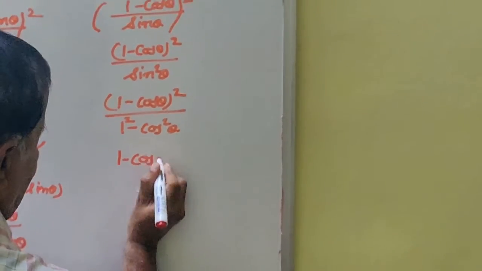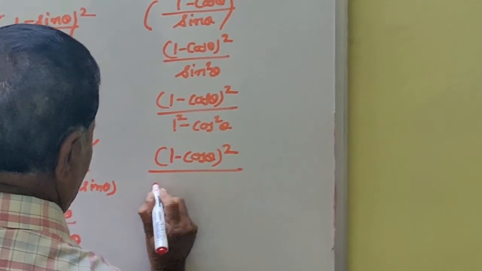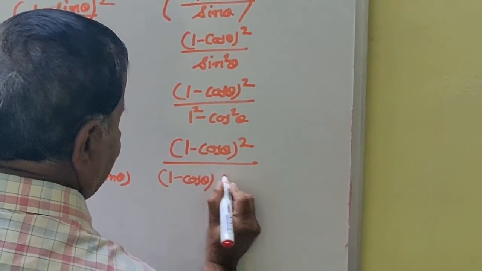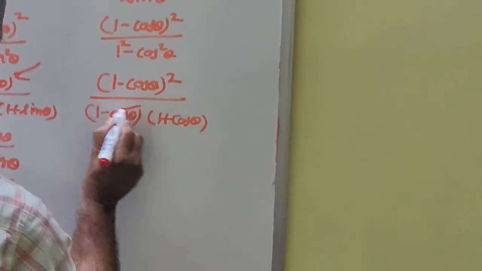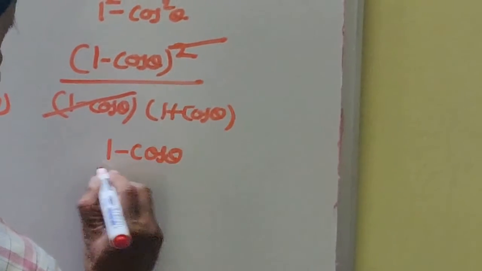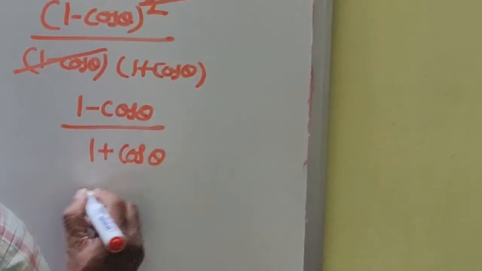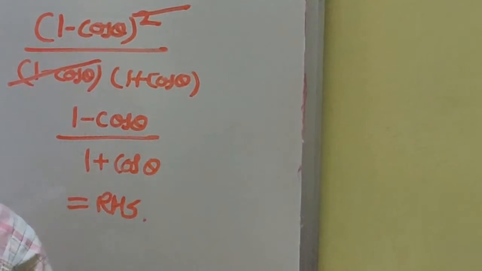What will come here? 1 minus cos theta the whole square upon 1 minus cos theta into 1 plus cos theta. Again I will cancel this with the square. What will remain here? 1 minus cos theta upon 1 plus cos theta. This is your required answer for the given problem, that is RHS.